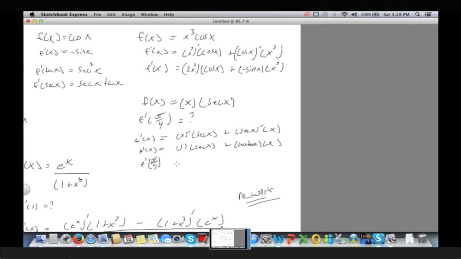Okay, so I'm going to do that again: 1 divided by cosine of pi divided by 4, plus 1 divided by cosine of pi divided by 4, times tangent of pi divided by 4, times pi divided by 4.